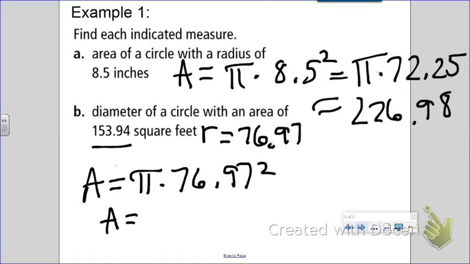So I take pi times 76.97 squared, which is equal to 18,611.99.